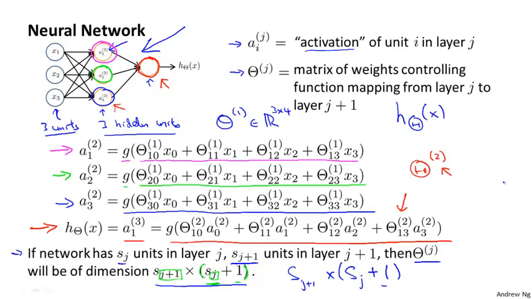So this gives us a mathematical definition of how to represent the hypothesis in a neural network. In the next few videos, I'd like to give you more intuition about what these hypothesis representations do, as well as go through a few examples and talk about how to compute them efficiently.